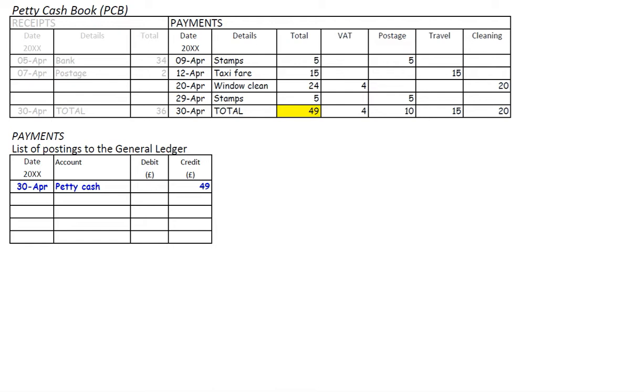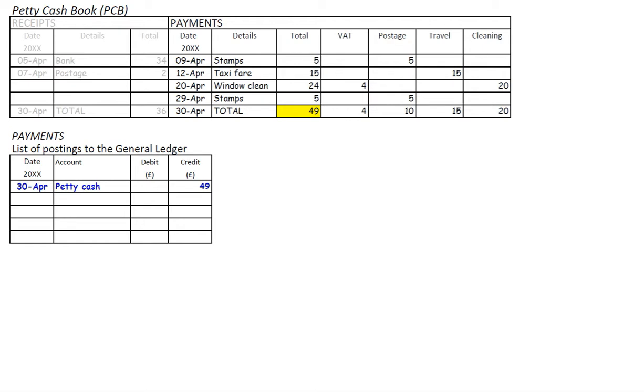Now, the total of £49 represents the total amount paid from petty cash. It's a reduction in the value of an asset, our petty cash, so that £49 will be recorded as a credit to the petty cash account.